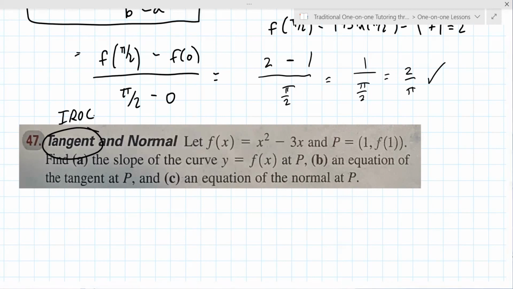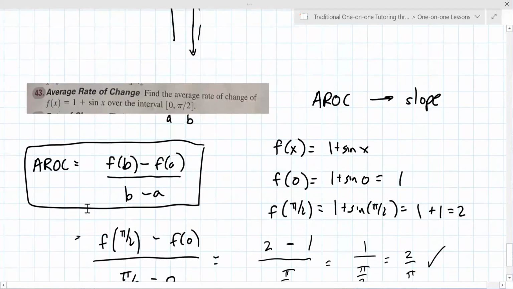For average rate of change, it's going to be with the slope formula. But when you're asked for average rate of change, it could be any function. I'm just saying that's how the instructor could change this problem, if you were wondering how you could get this on the test.